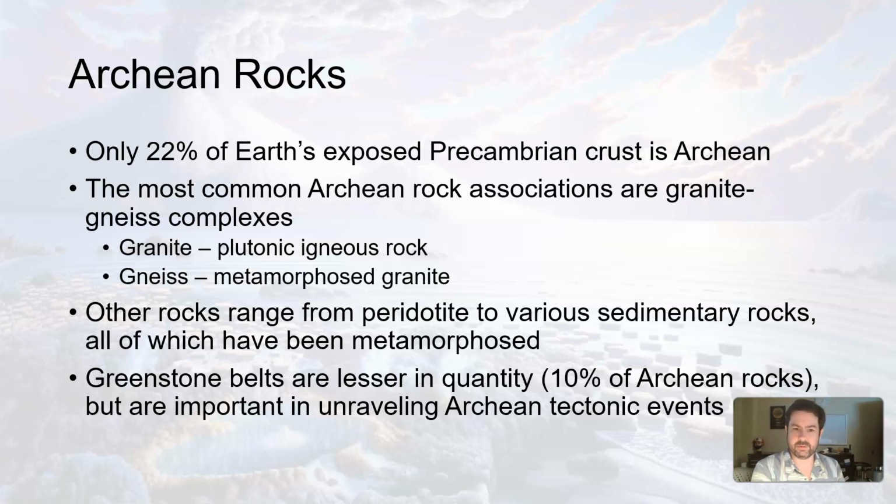About 10% of the Archean rocks we find are these greenstone belts. They have their own interesting geology, and they really help us to uncover Archean tectonic activity, what's occurred tectonically during the Archean. So we'll dedicate a whole other section to those.